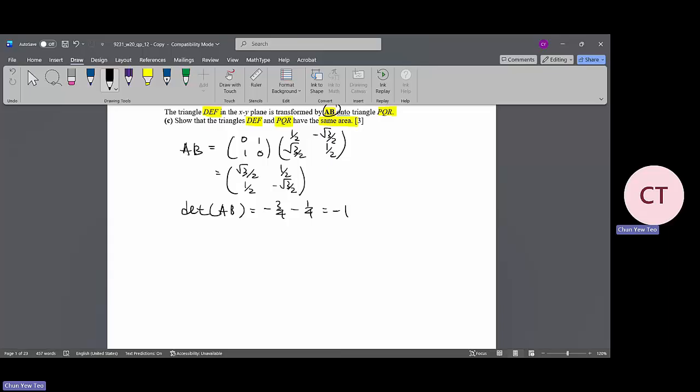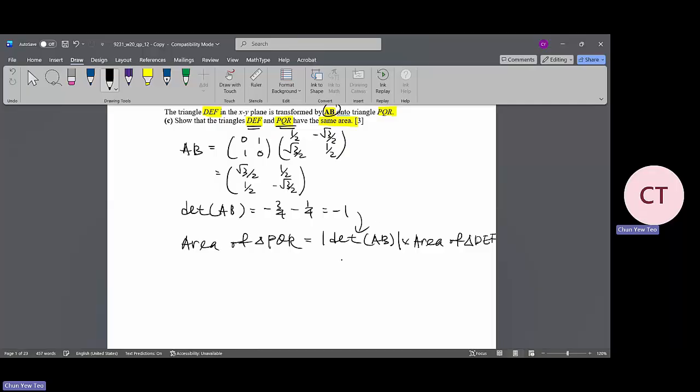Because this is the image and this is the object, the formula is that the area of the image is equal to the determinant of AB multiplied by the area of the object. We know that the image is called PQR, and the object is called DEF.